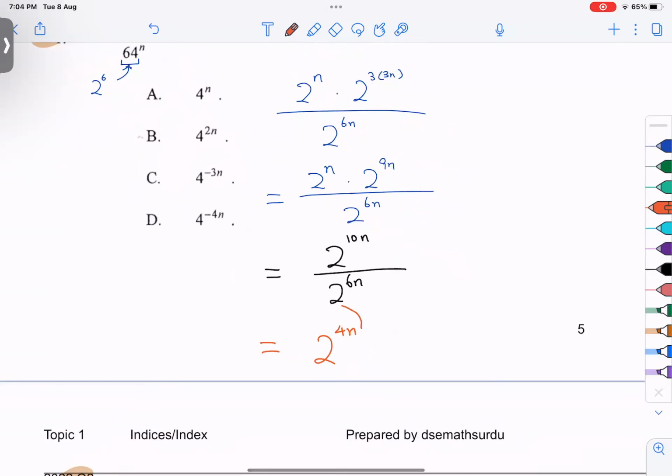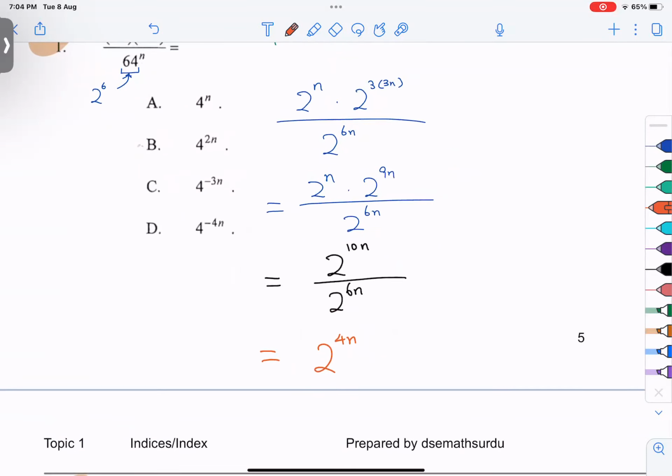So what does this mean now? This can also mean 2^4, and then the n outside. So the powers are multiplied with each other, so you can also separate them.